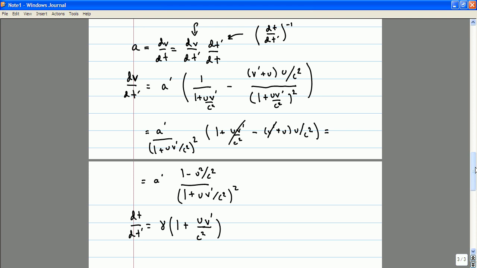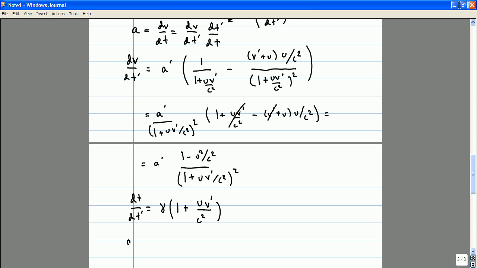So, putting it all together, the acceleration is dv by dt prime, which is a prime, times 1 minus u squared over c squared divided by 1 plus u v prime divided by c squared, squared.